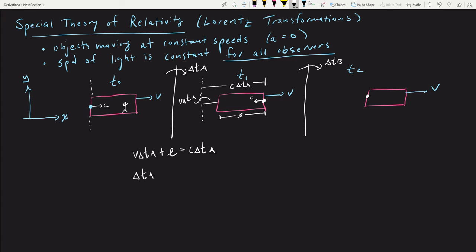L equals delta TA times (c minus v). Then we can say delta TA equals L over (c minus v). Okay, so this is one equation for delta TA.